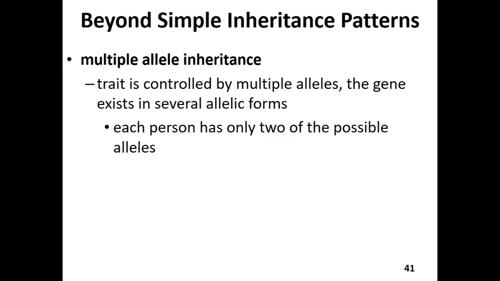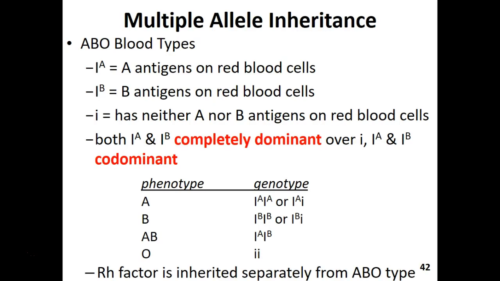It's not just big S, little s. You might have big S, little s, or big T, little t that might control the same gene. And so blood typing is one of the best examples of multiple allele inheritance.